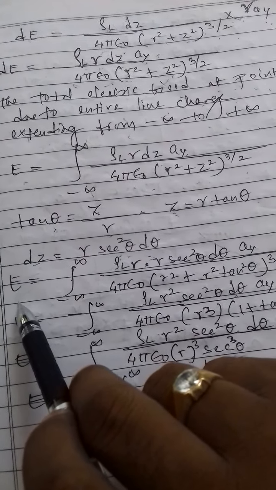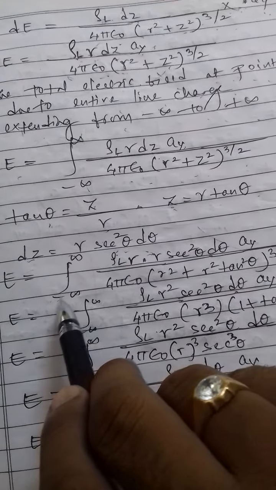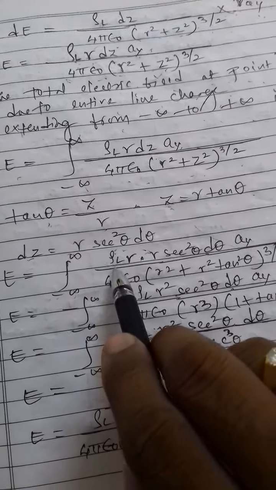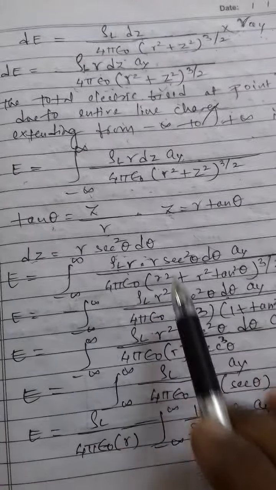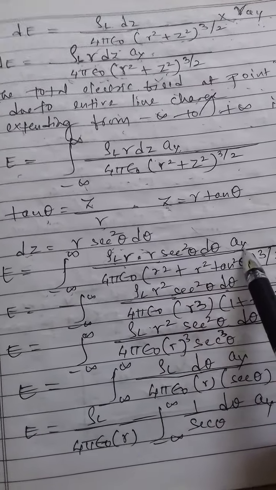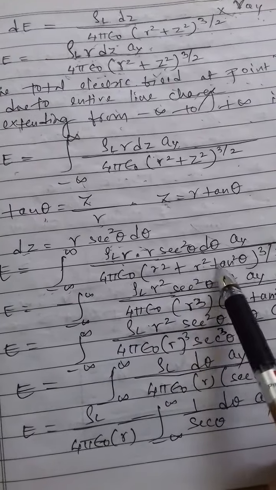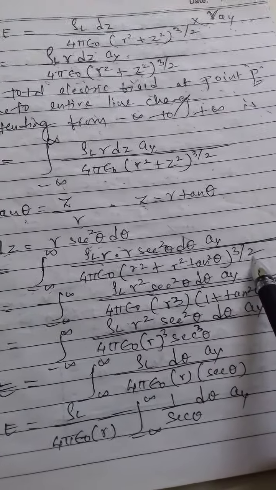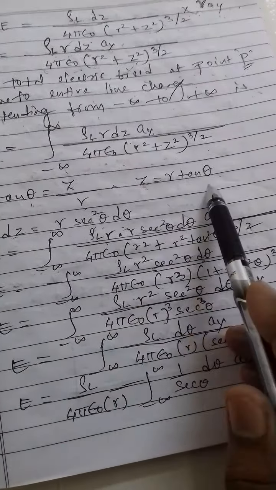Now the electric field intensity due to the infinite line charge, from minus infinity to plus infinity, is rho L into r, dz is equal to r sec square theta d theta ay upon 4 pi epsilon naught into bracket of r square plus r square tan square theta whole raised to 3 by 2, because here z is equal to r tan theta.